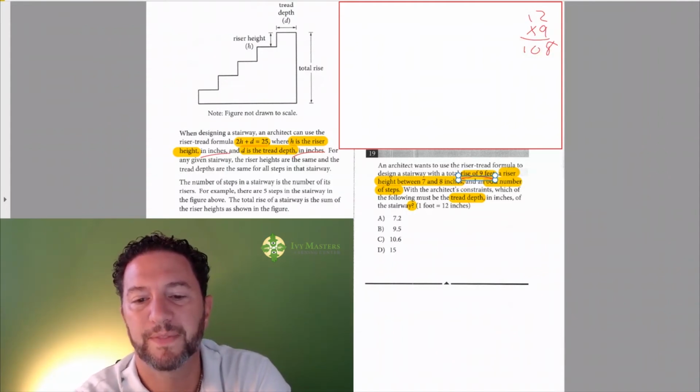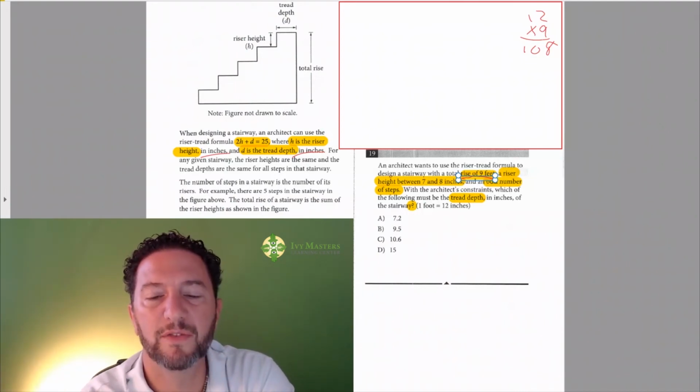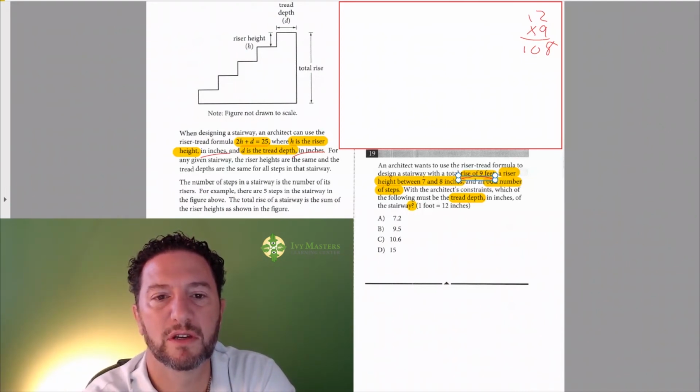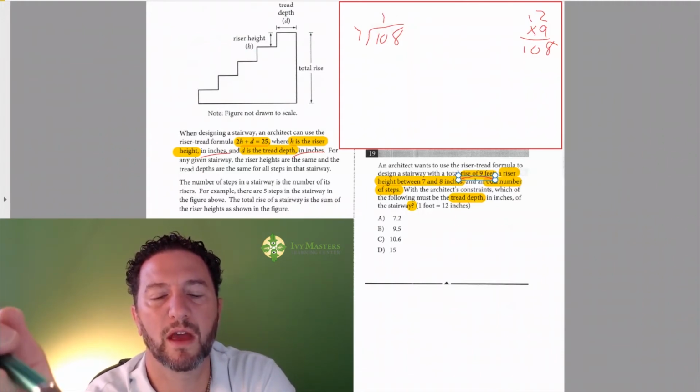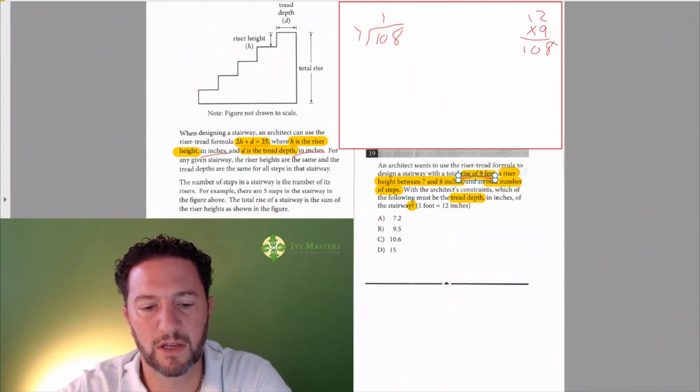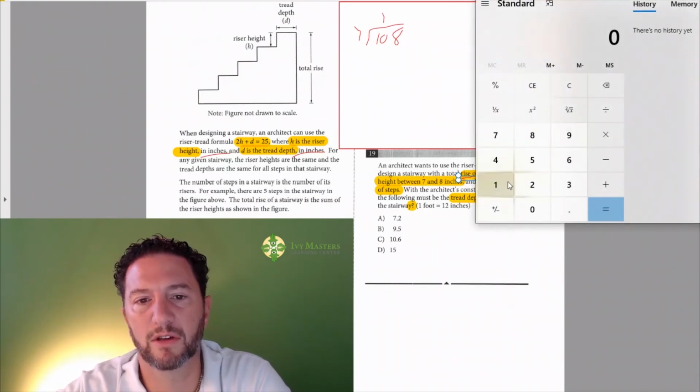And now what do you do? If the height's between 7 and 8 inches, then I take that 108 and divide it by 7. This is with calc math, so I suppose I'll just take out my high-tech calculator over here.